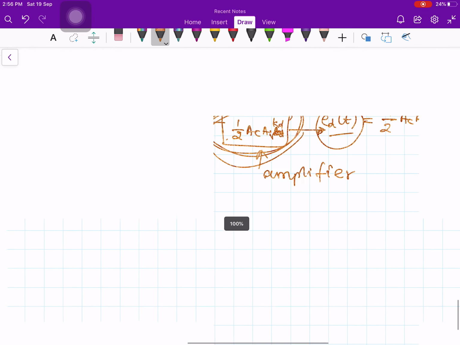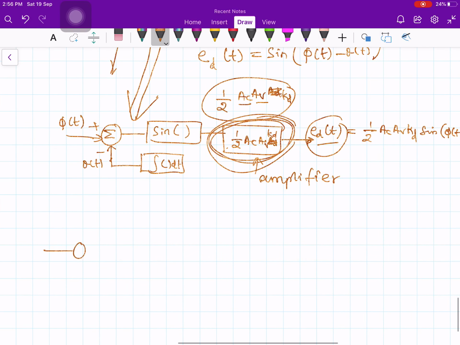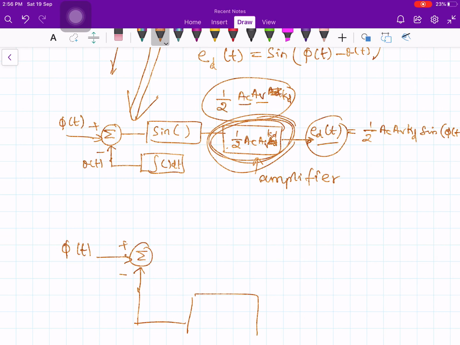So the input is phi of t, plus and minus integral of dt.